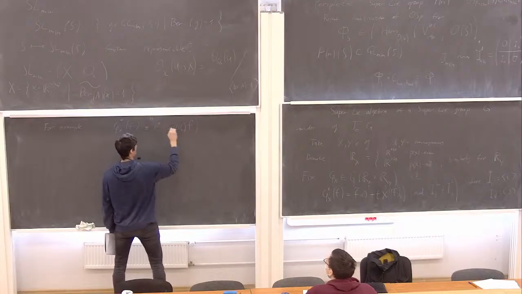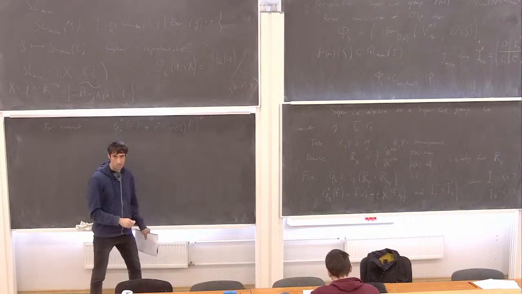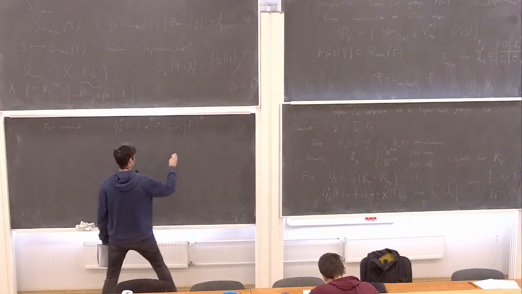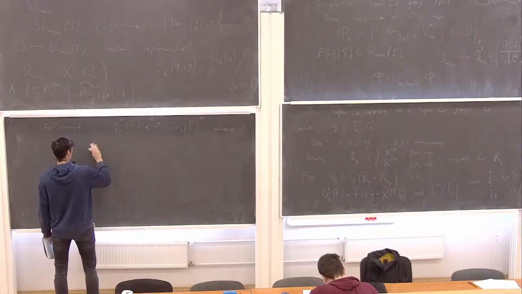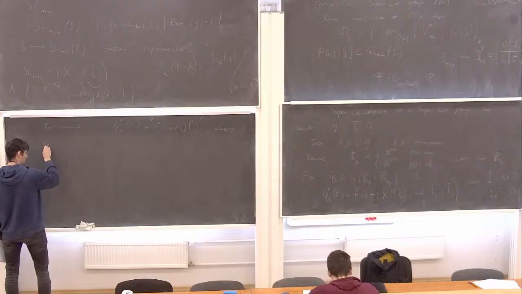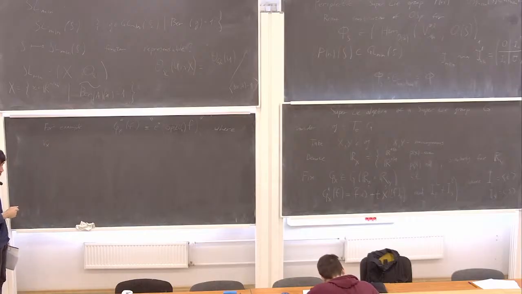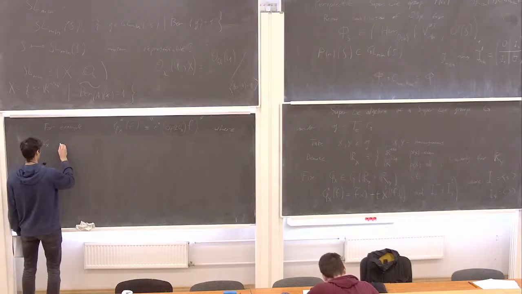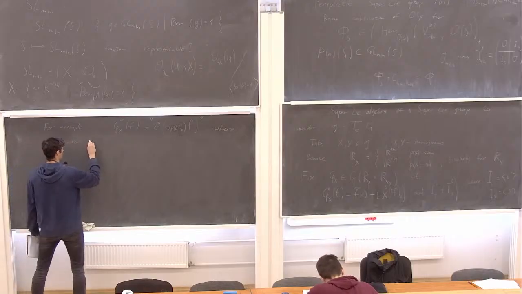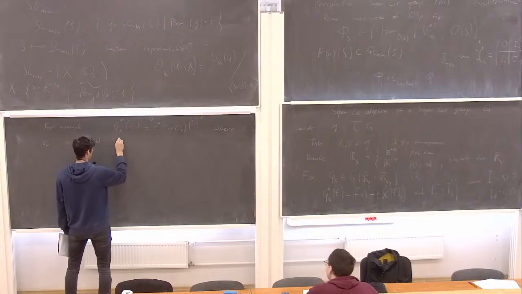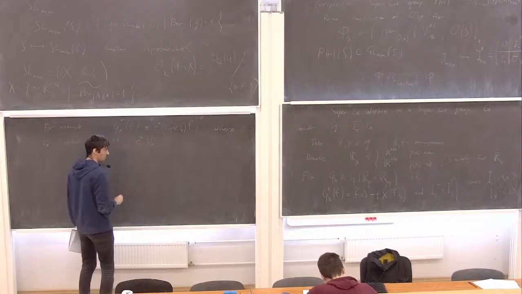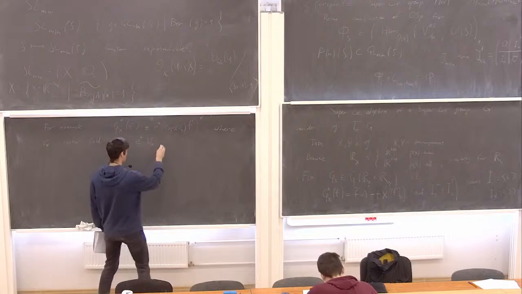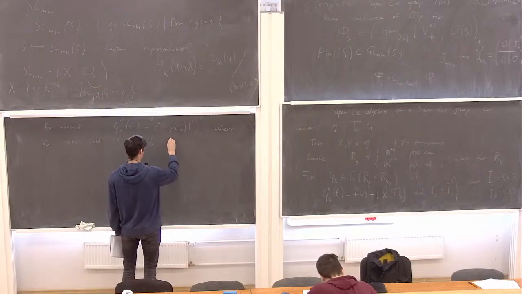Okay, so this should be in quotation marks. So here, vx is a vector field on G, such that if I apply it and then evaluate at identity, this will be the same as x.